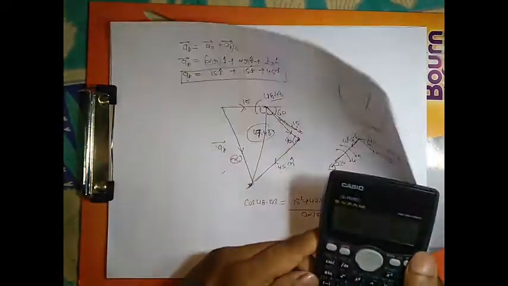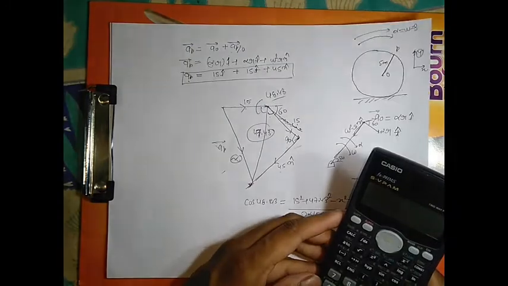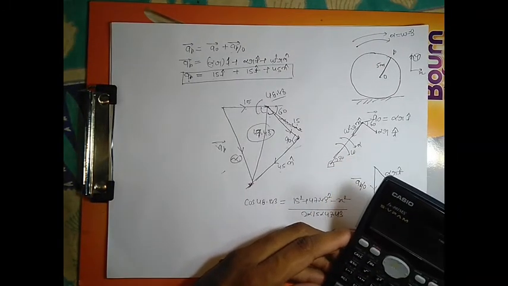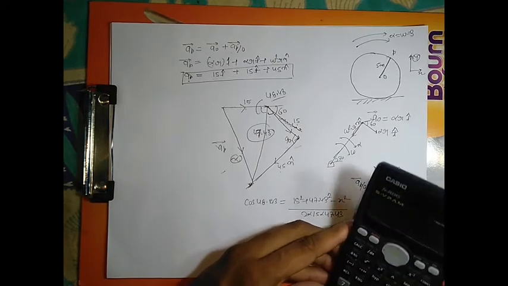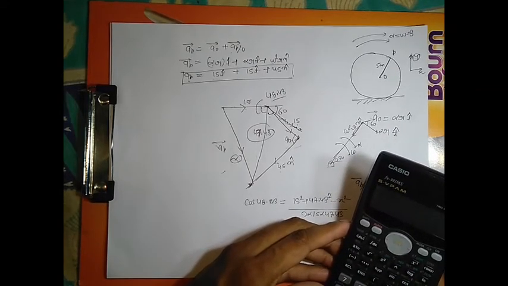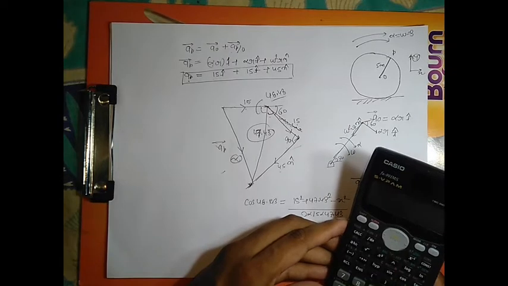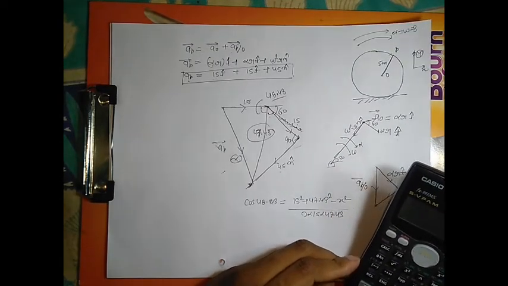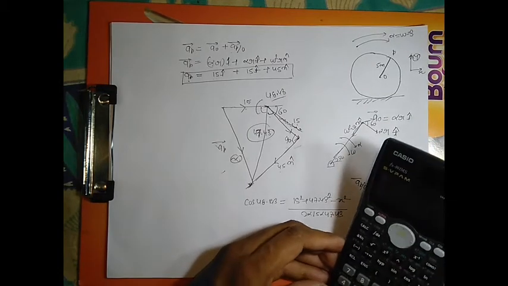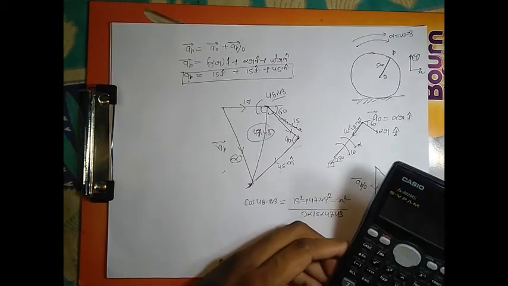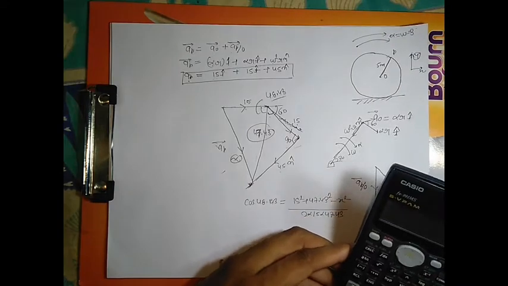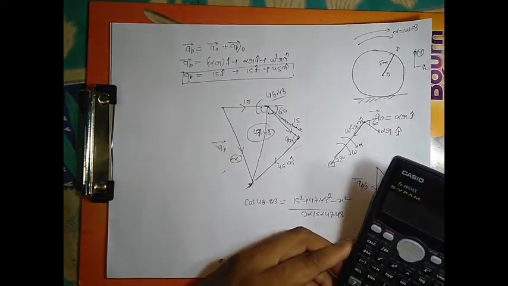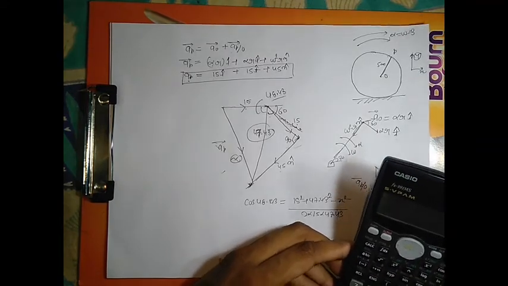So x is the square root of 15 square plus 47.43 square minus 2 into 15 into 47.43 cos 48.43.